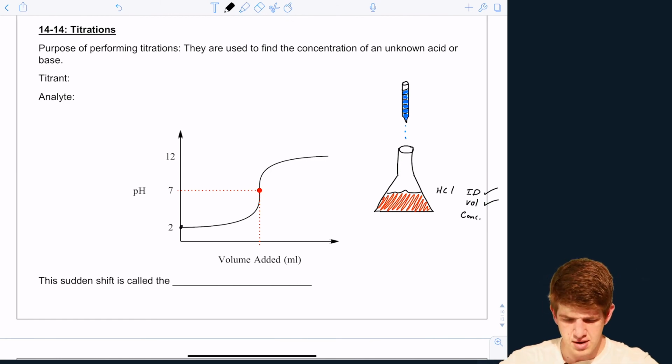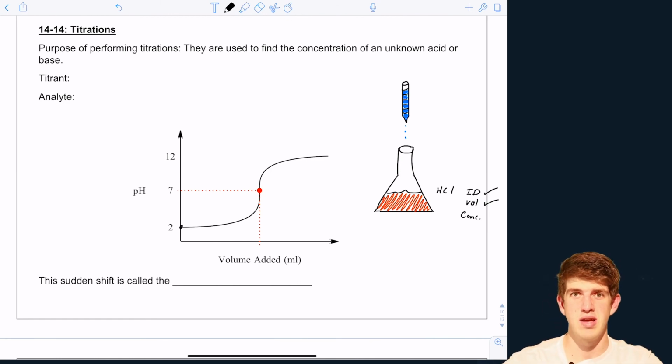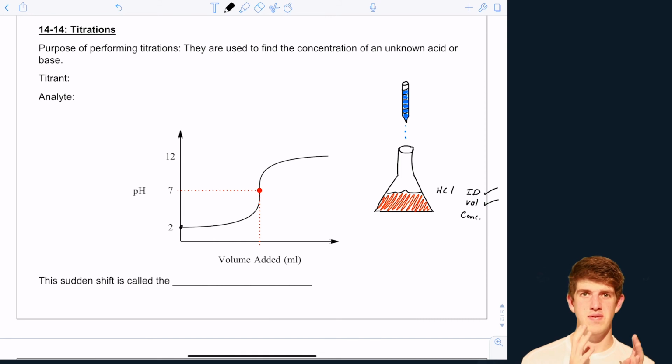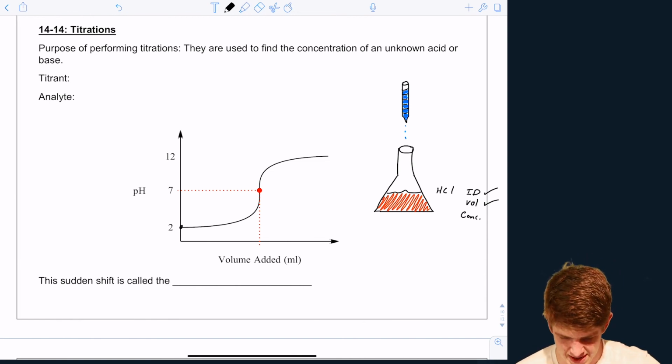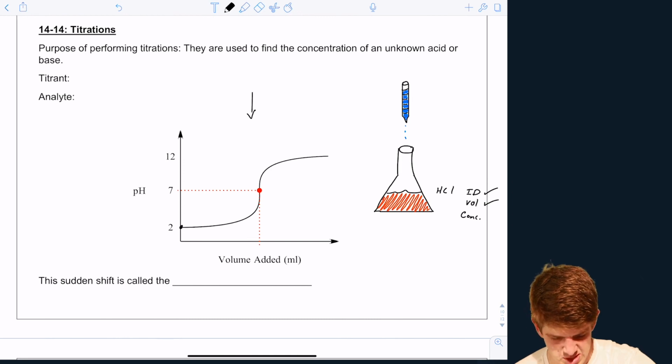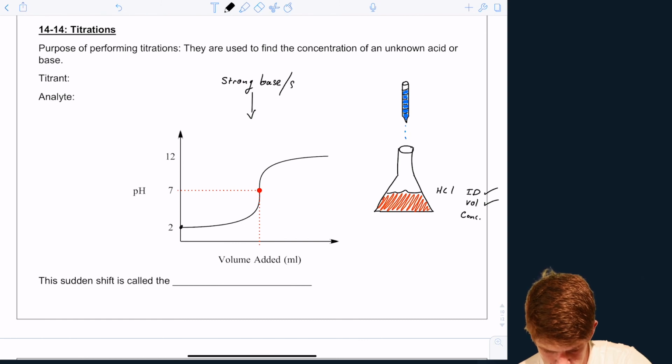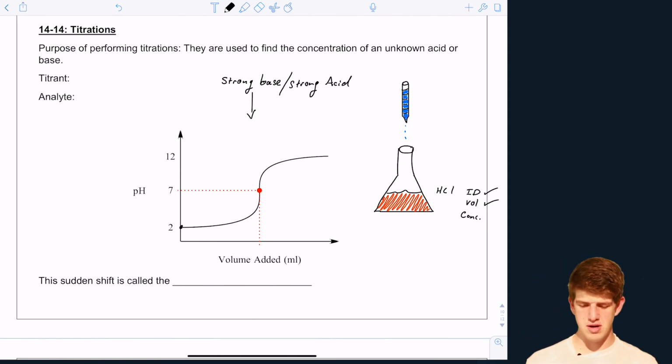So how am I actually going to find the concentration? Well, I know that when I take a strong acid and I introduce it to a strong base, every single mole of strong acid can react with every single mole of strong base and cancel out. And that cancellation happens at a pH of 7. So this graph is specifically a strong base, strong acid titration curve.